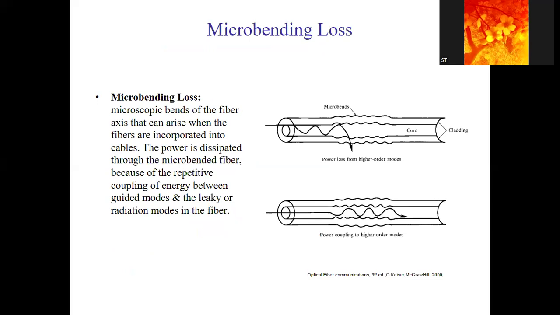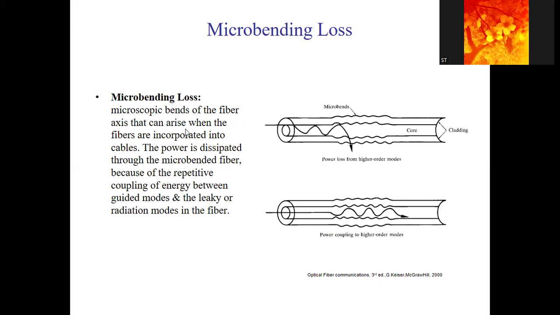Microbending is caused due to manufacturing defects. When the optical fiber is incorporated into the cables, at the time of manufacturing or installation, there will be small scale fluctuations along the fiber axis. That will cause the microbending.